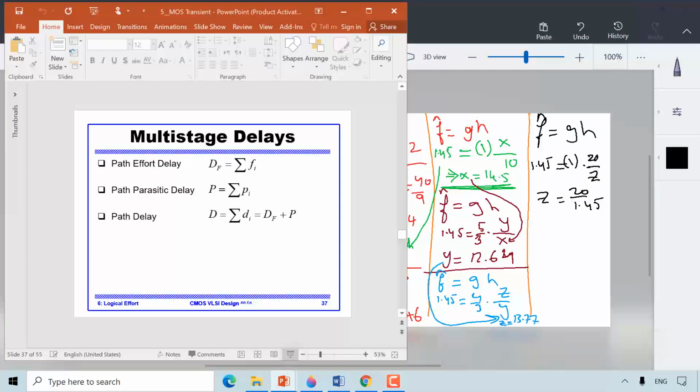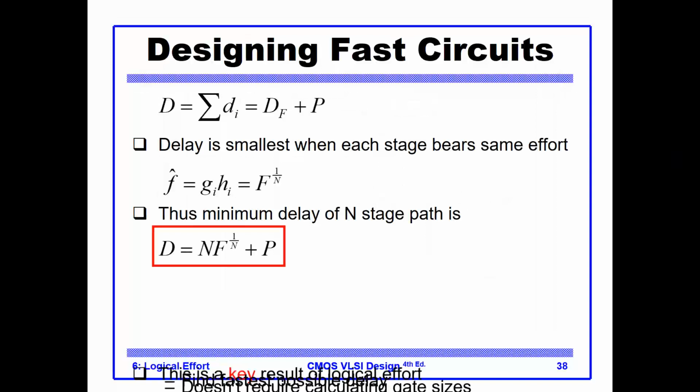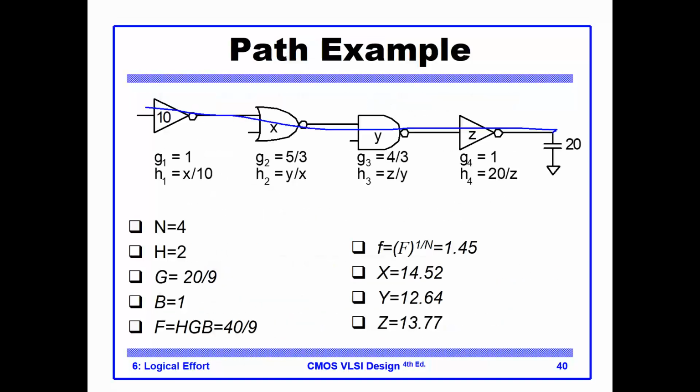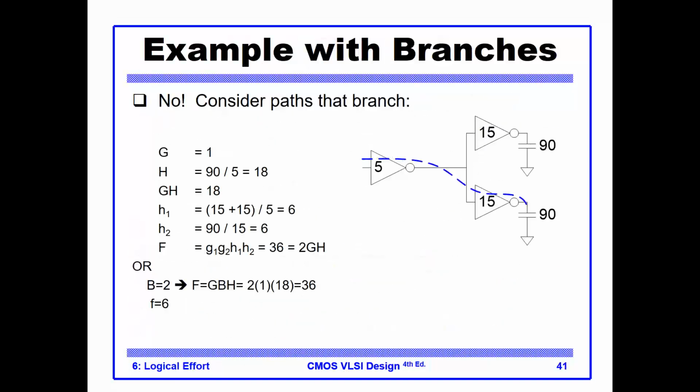Okay, let's go back to the slides here, and let's see if we missed something. So this is the example that we have done. So far, we have not discussed the branching effort. In every stage, we said F equals GH, and in fact there is B here, which is the branching. What does branching mean? It means that the gate drives more than one branch, like in this case, the gate drives this branch and this branch.